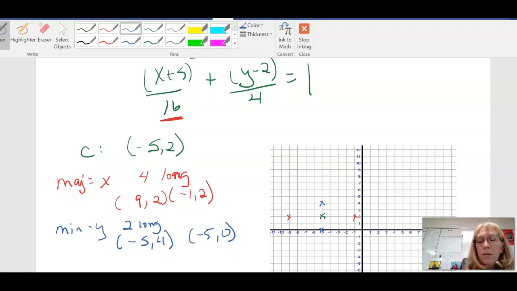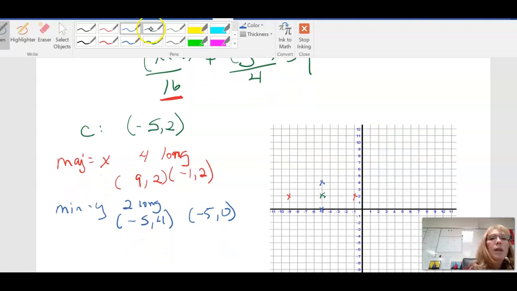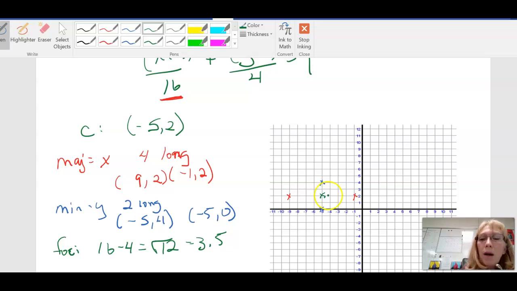Now we have to do our foci. So the foci, we know we have to take the larger minus the smaller, which equals 12. And the square root of 12 is roughly 3.5. So we have to go 3.5 from our center.